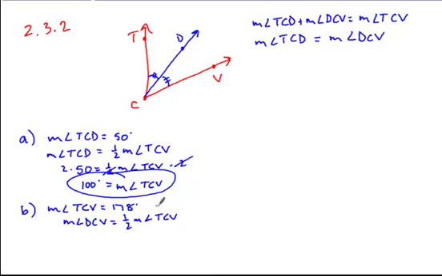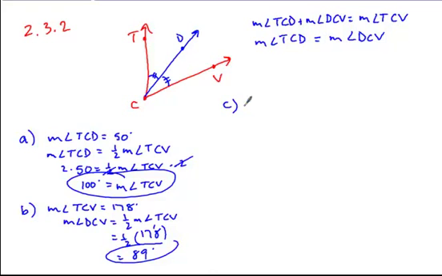And so here, if you just substitute in the measure of 178 for TCV and then solve, you'll get your solution. 2 goes into 17 8 times with 1 remaining, 2 goes into 18 9 times, so we get the measure of 89 degrees for our angle measure DCV.